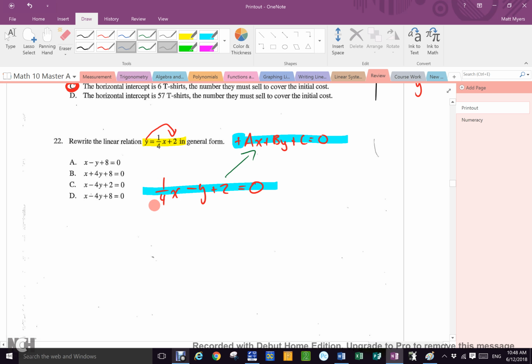Divide. What is the opposite of divide? Multiply. If I multiply this side by 4, what must I do to this side? Same thing. 4 times 1/4 is x, minus 4 times y, plus 4 times 2, 8. And where's the answer? D.